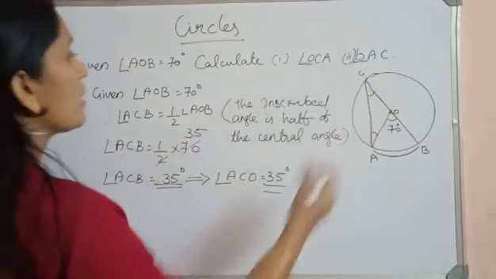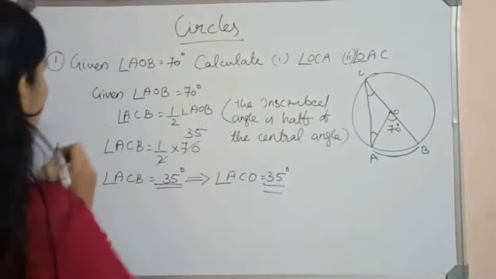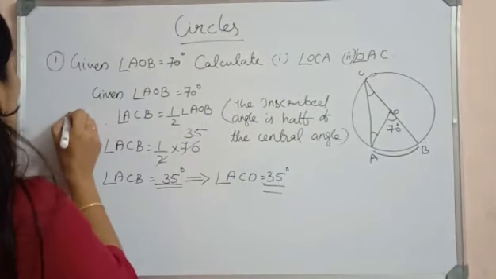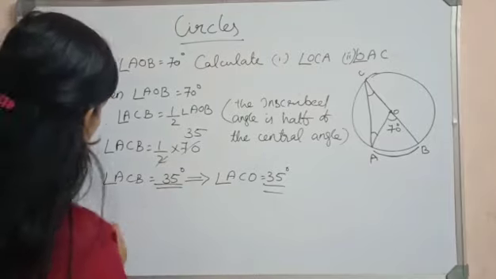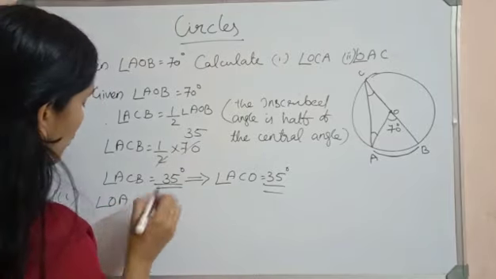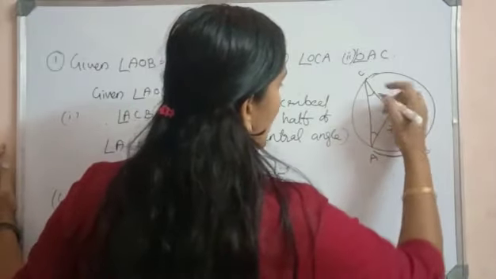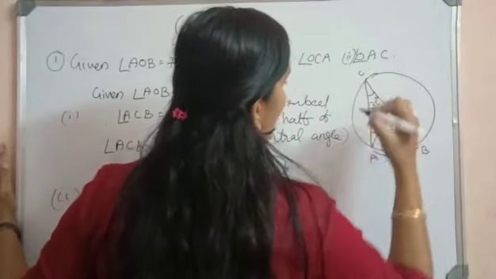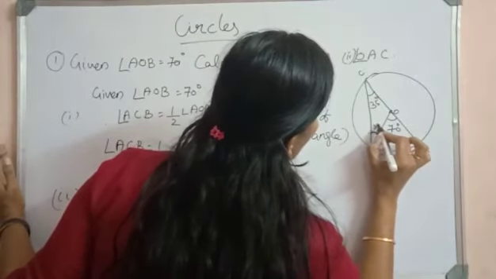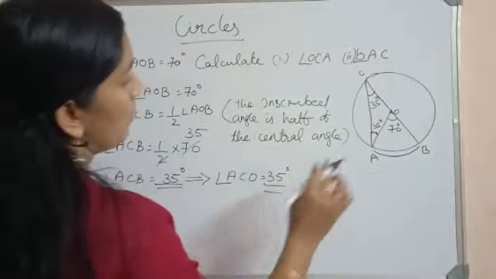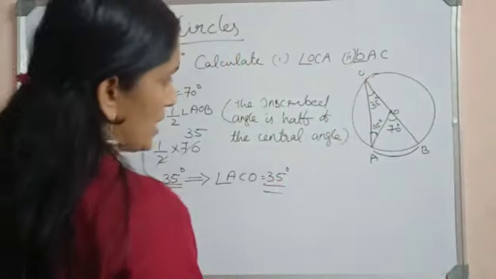Now if you consider the second part of the question, that is angle OAC, when you are finding it, here we found this angle ACB as 35 degree. So if you consider this angle, we can say that even this is 35 degree itself because the angles opposite to equal sides of a triangle are equal.